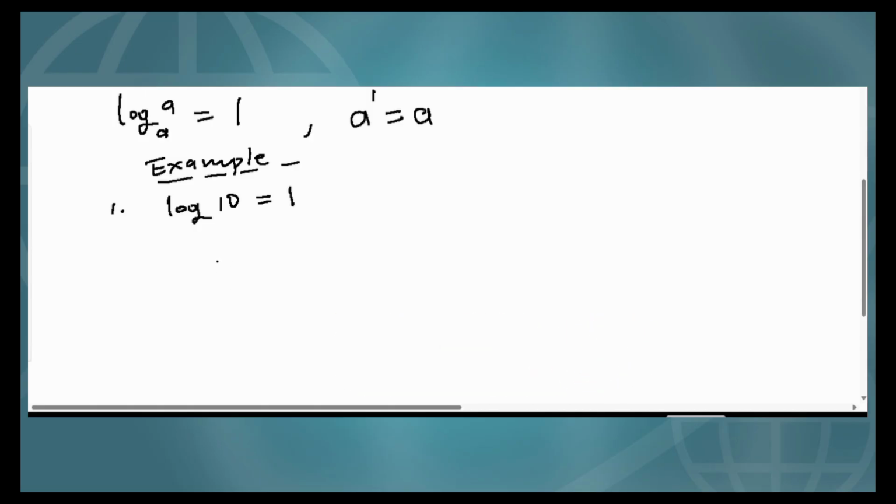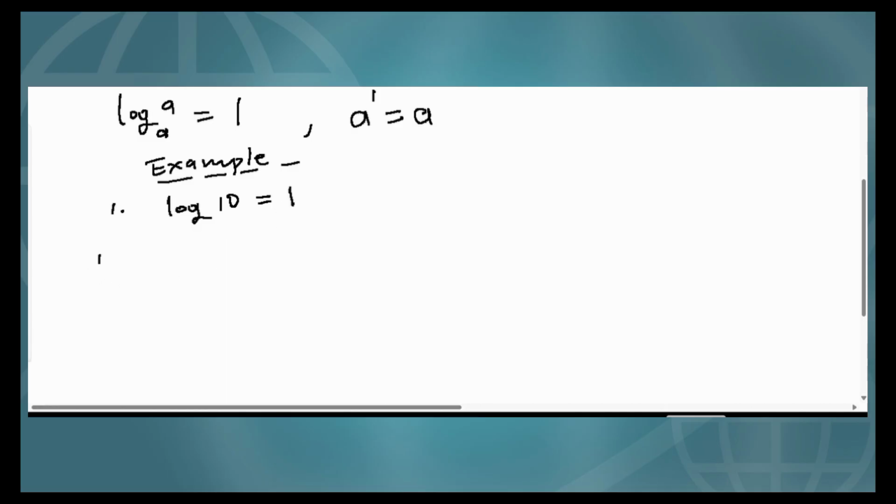In our previous video, we learned that if you have a log with no base, then the base of that log is 10. If you don't see any base, the base is 10. So we have log 10 base 10, which is equal to 1.